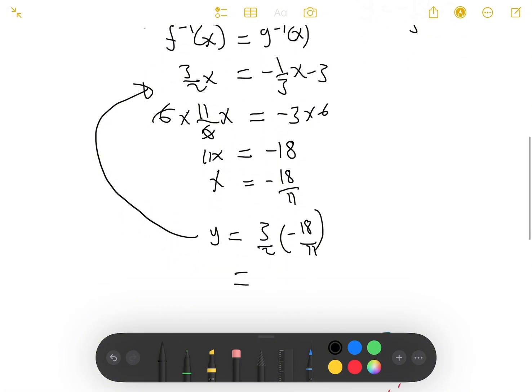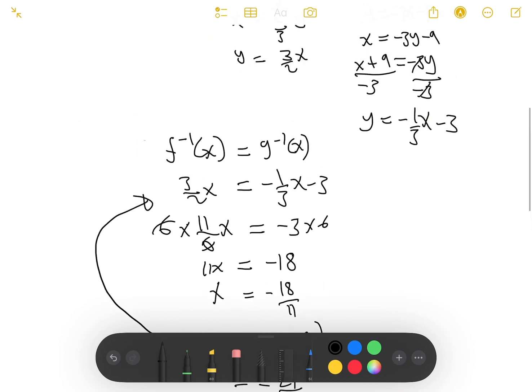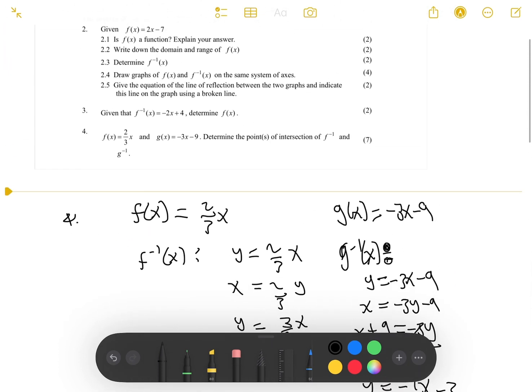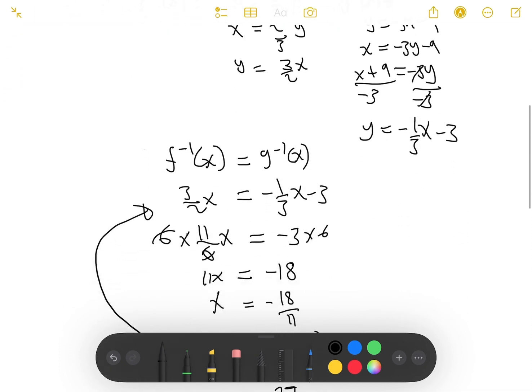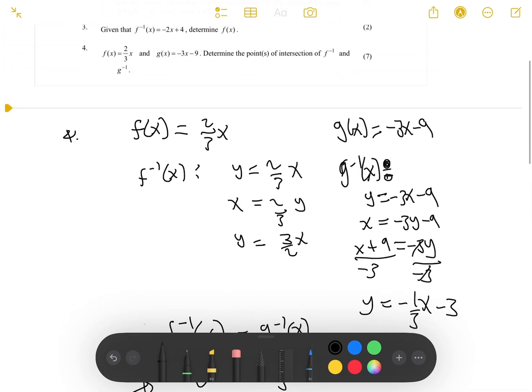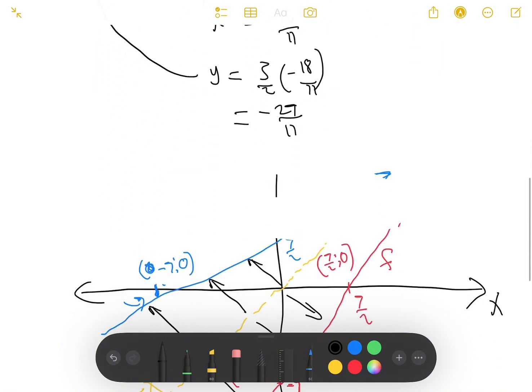Okay. So let's multiply 3 over 2 times negative 18 over 11. That gives us negative 27 over 11. So this is the respective y value. Okay. Yeah, so we are done, guys.